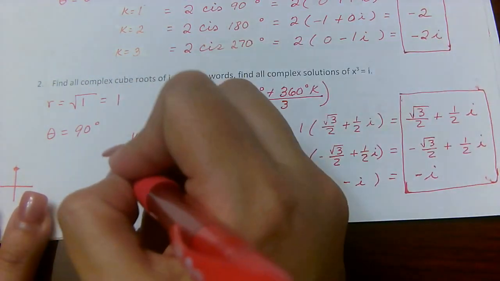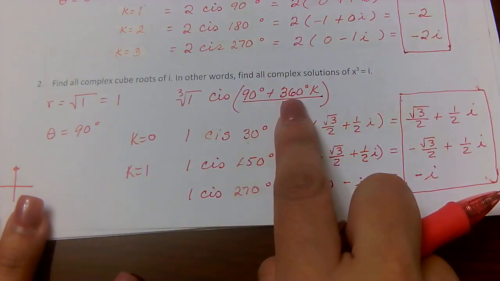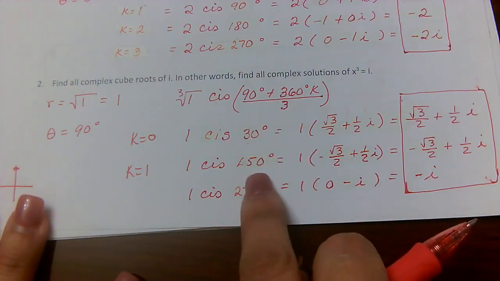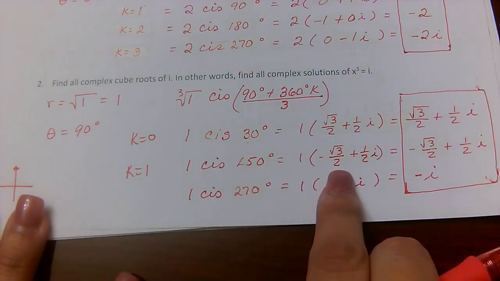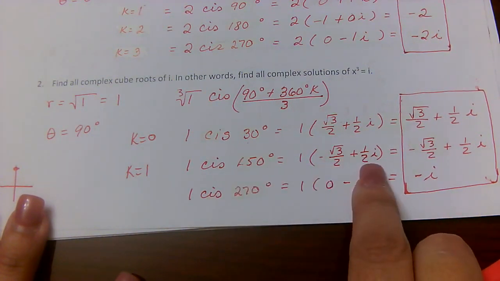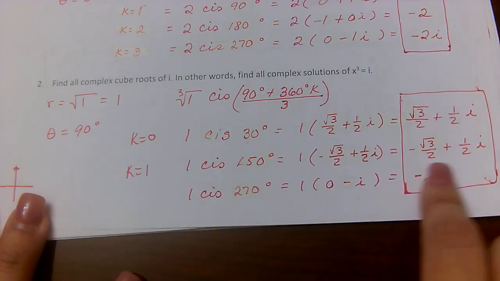For k equal to 1, you're going to have a 1 here, and it'll be 360 plus 90, which is 450. 450 divided by 3 is going to be 150. Okay. Cosine of 150 is located here. Sine of 150 is positive 1/2. And then distribute the 1 so you get this answer.